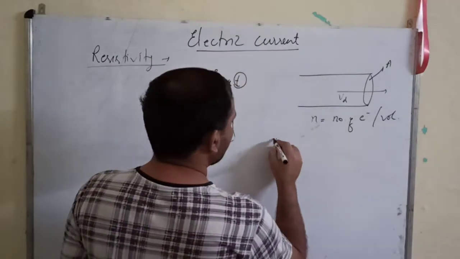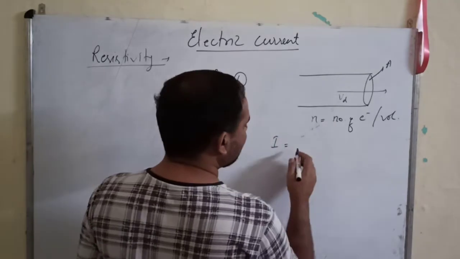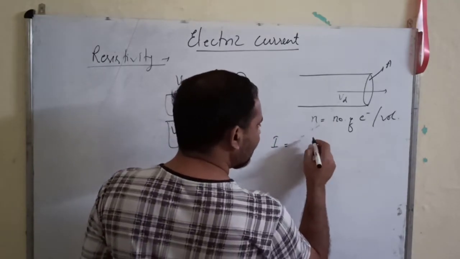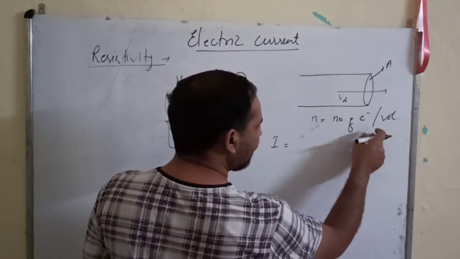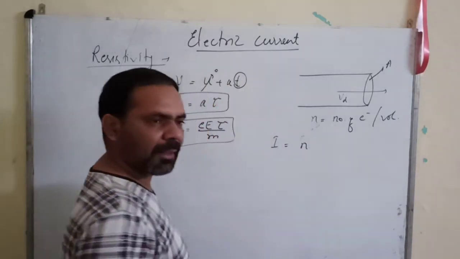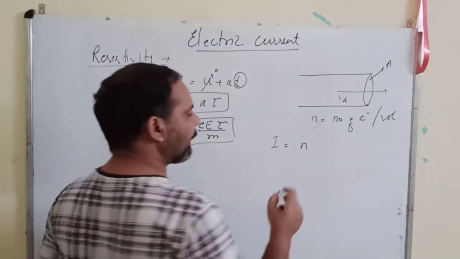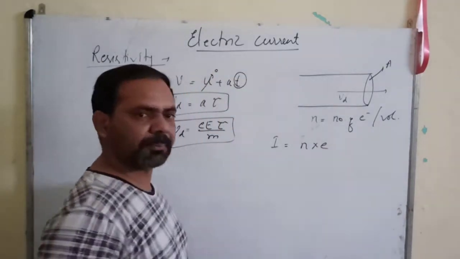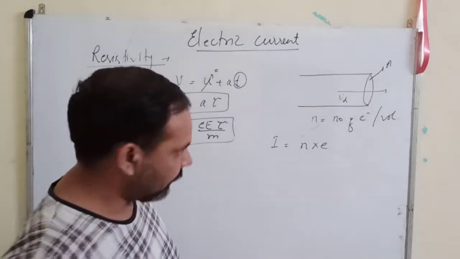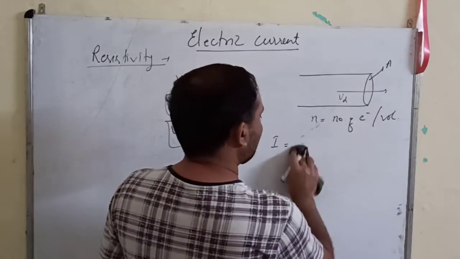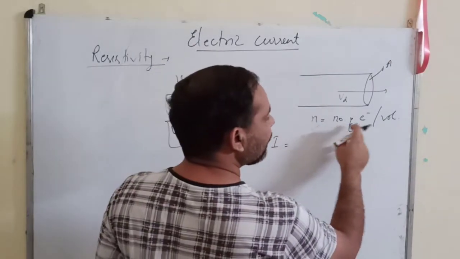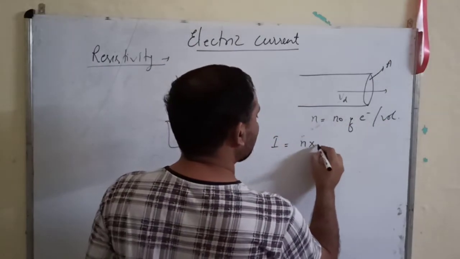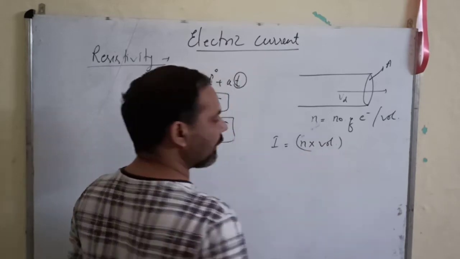Now how much will be I, the current flowing through the conductor? It will be the number of electrons per unit volume n, multiplied by the volume of the conductor.